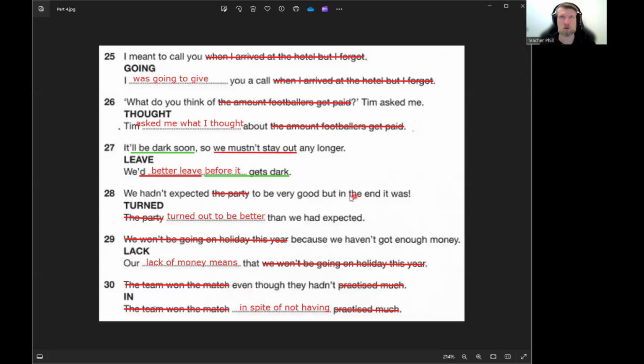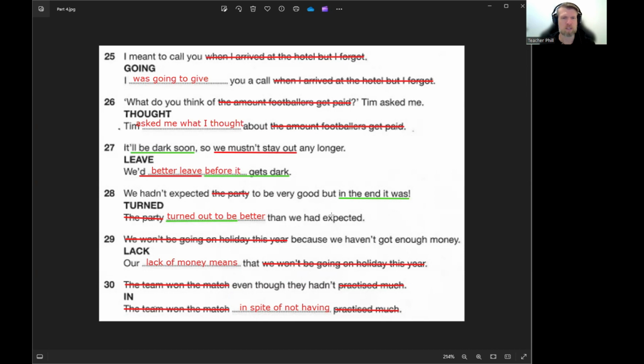It means that we talk about what something was like in the end. Yeah, so I would say here that if I underline this, so when I say turned out to be, it's like in the end it was. It turned out to be. Yeah. And because they said we hadn't expected the party to be very good, but then it turned out to be better. Yeah. Than we expected.